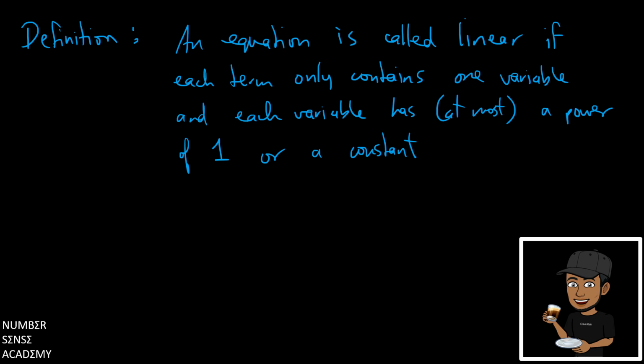What does this mean? Let's look at some examples to clarify this. Example 1. If I have x plus y equals 2, then we have 3 terms. This is term 1, term 2, and term 3.